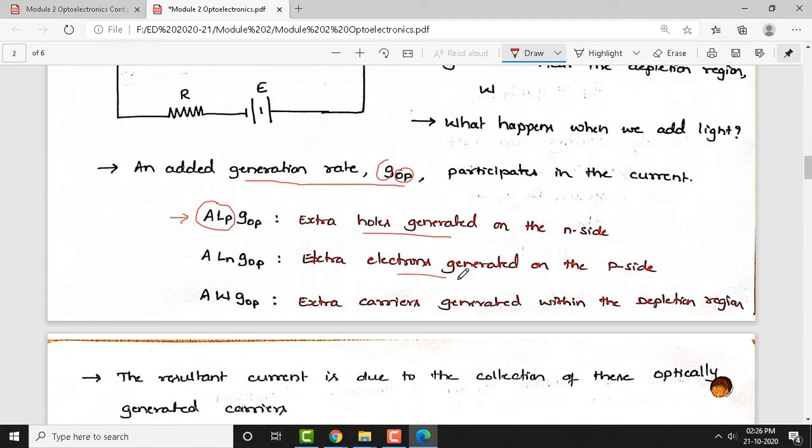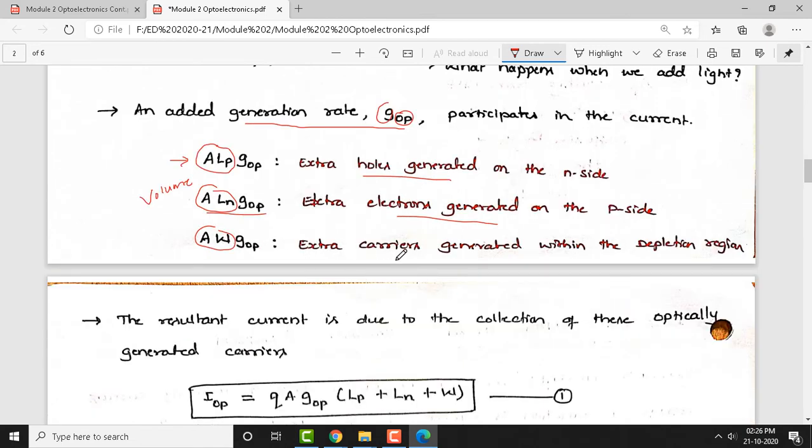Extra electrons generated on the P side is given by A times L_n times G_OP. G_OP remains constant in all these, it depends on the amount of photons interacting. In the depletion region, A times W gives you the volume, and here A times L_n gives you the volume. So, volume times the optical generation rate gives you the extra electrons generated on the N side and P side respectively.